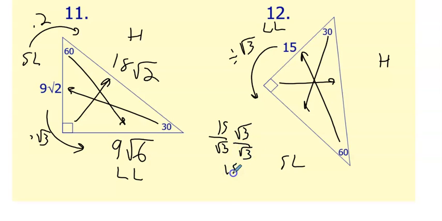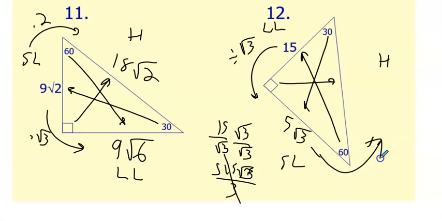That gives me 15 radical 3 over 3. Now we're going to give you numbers like this where it works. 15 over 3 is 5. So the short leg is 5 radical 3. And then to go to the hypotenuse, we just multiply by 2, the outside number. 10 radical 3. And that's it.